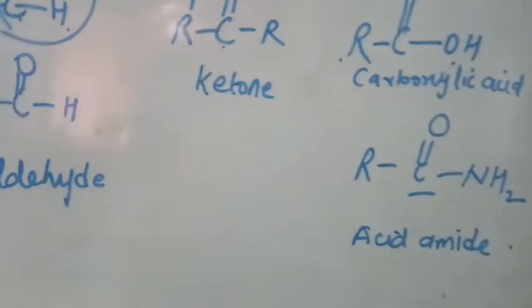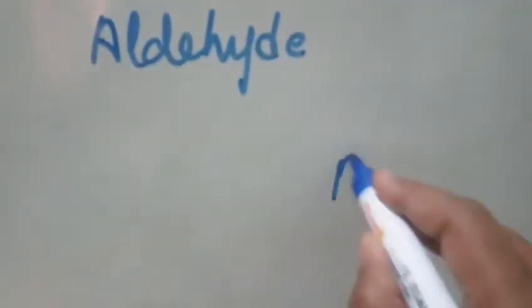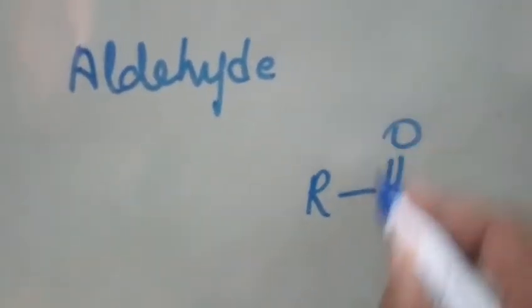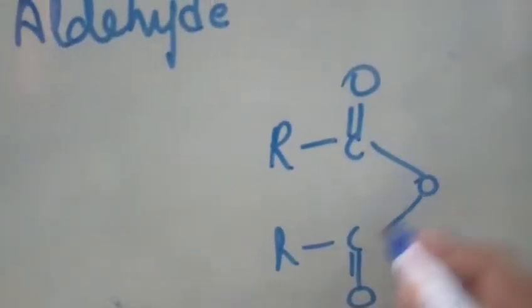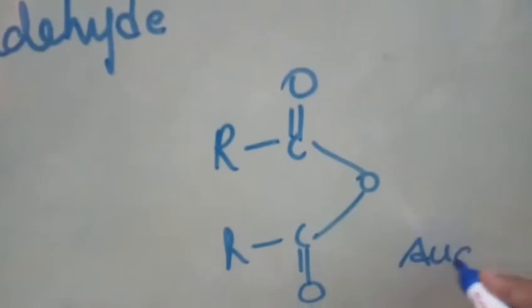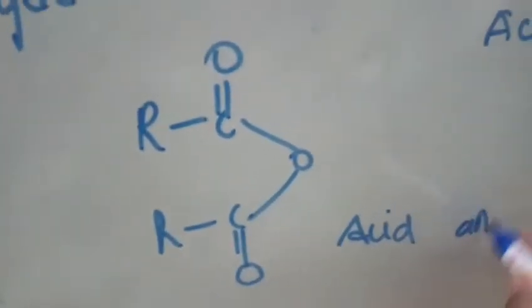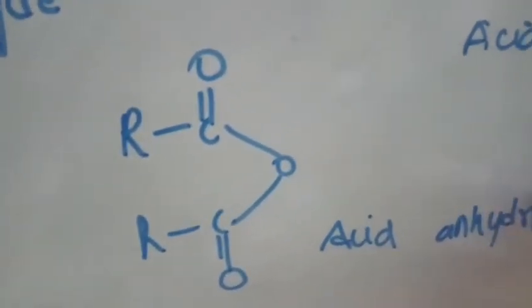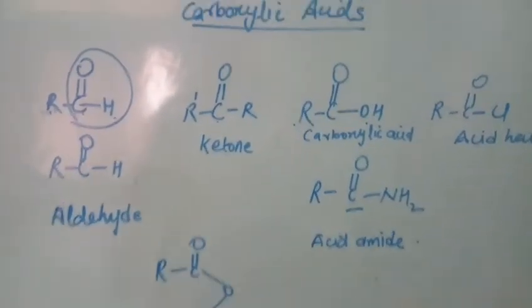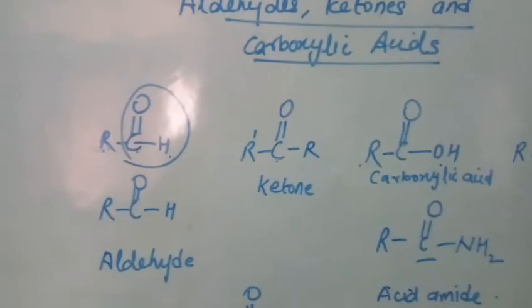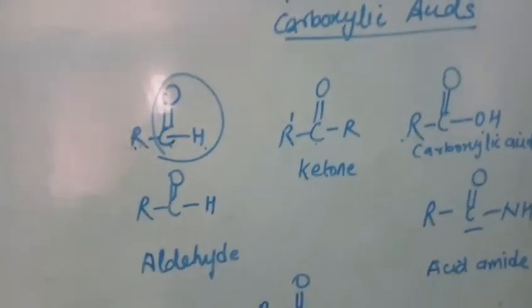Other than this, you will also study acid anhydride, where water is removed from two molecules of acid, which leads to the formation of acid anhydride, right? So these are acids and acid derivatives, aldehydes and ketones. Let us first study aldehydes and ketones.